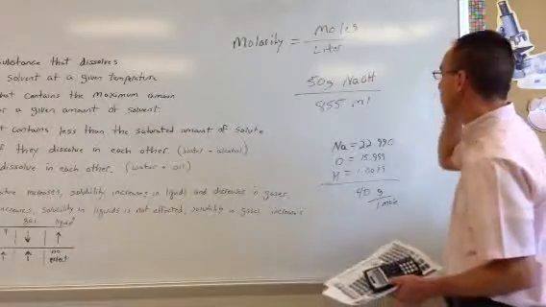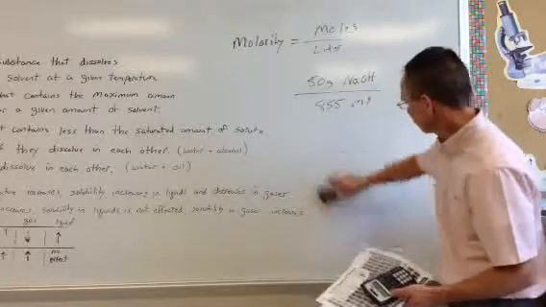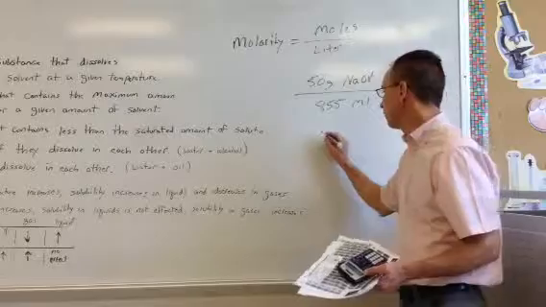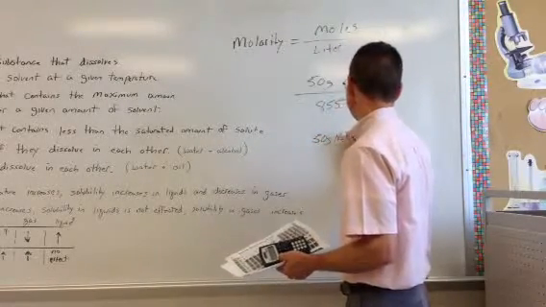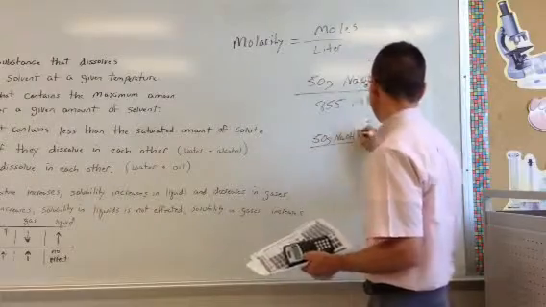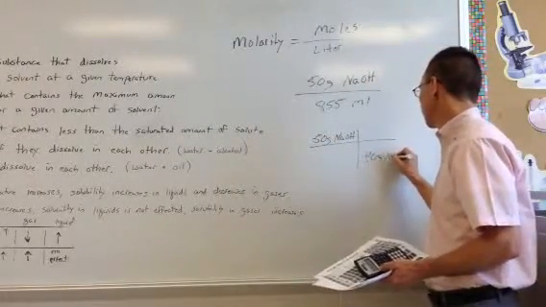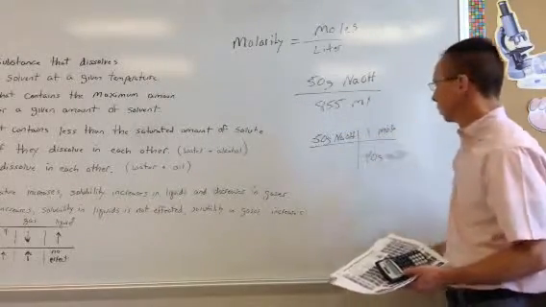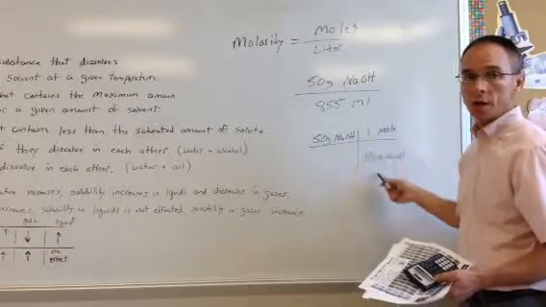That's useful information, because now what I can do, let me erase all of this, is I can set up a simple conversion. If I have 50 grams of NaOH, and I know that 40 grams of NaOH is the weight of 1 mole, to solve this, I multiply across the top first, and then I divide.